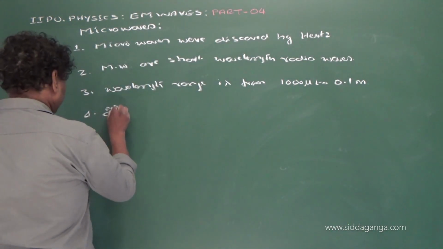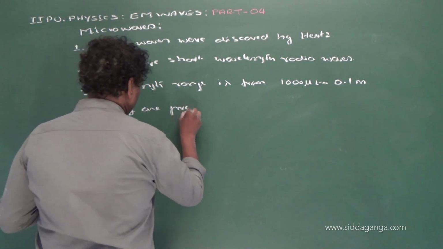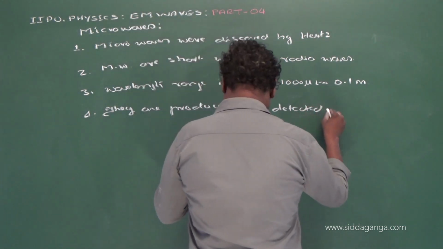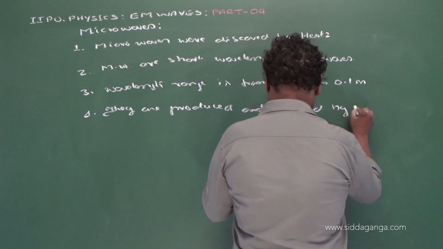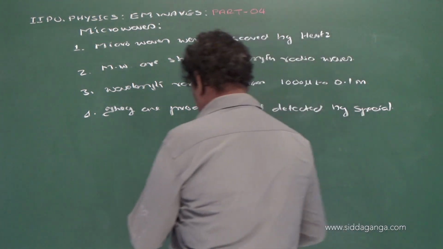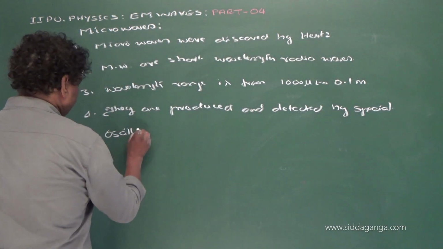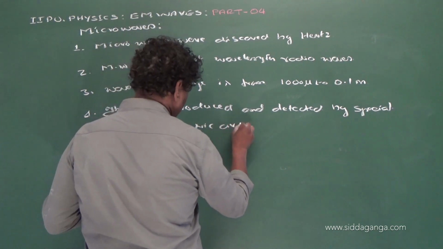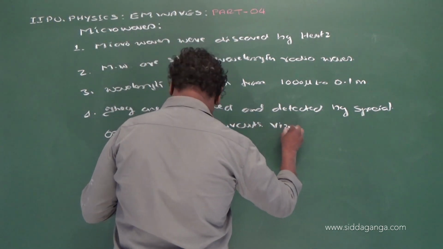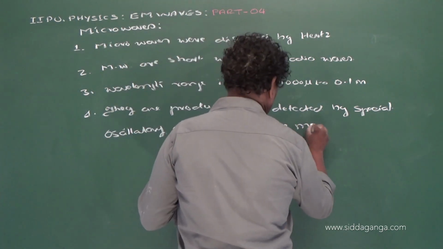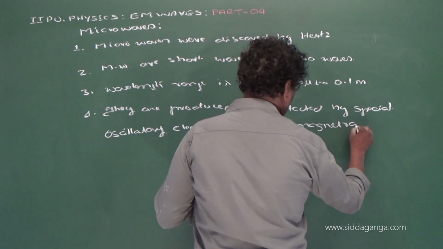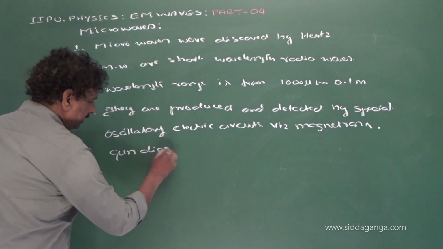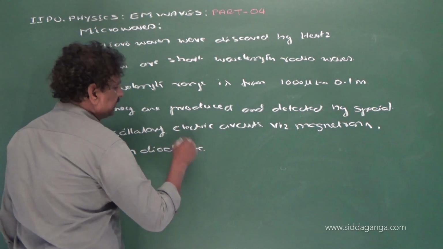Now fourth one, they are produced and detected by special oscillatory electric circuits, namely magnetrons, gun diode, etc. Right.